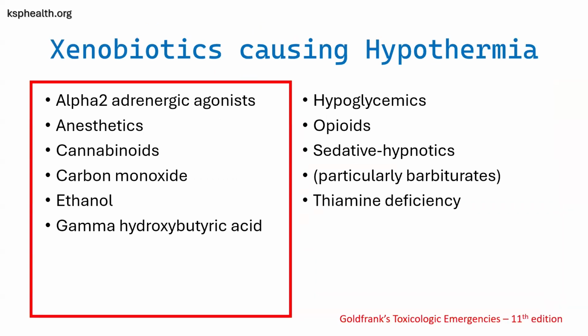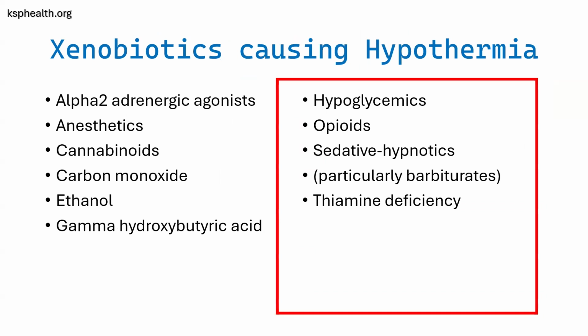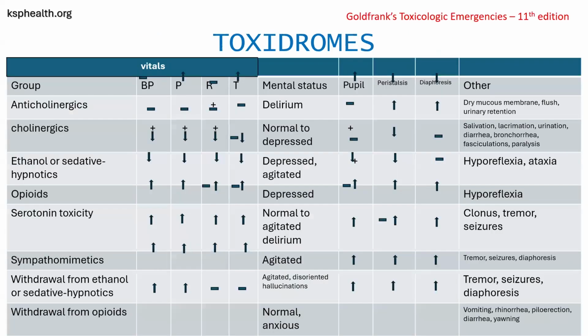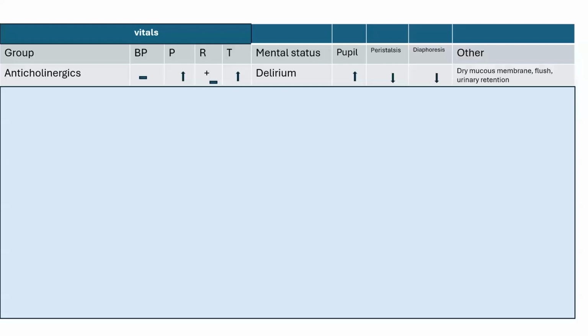The xenobiotics causing hypothermia: alpha-2 adrenergic agonists, anesthetics, cannabinoids, carbon monoxide, ethanol, gamma hydroxybutyric acid, hypoglycemics, opioids, sedative hypnotics, particularly barbiturates, and thiamine deficiency. So I'm going to walk through certain toxidromes, well known to some of you, and for some of you they are new, but we'll walk one by one.